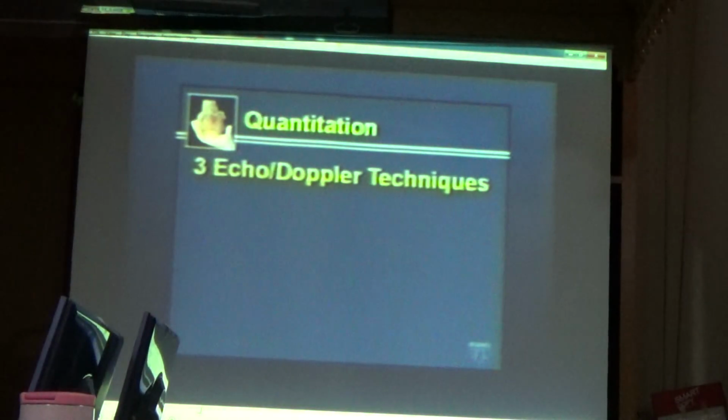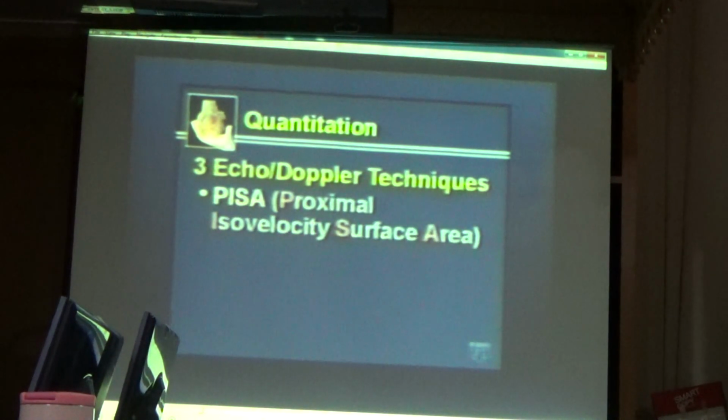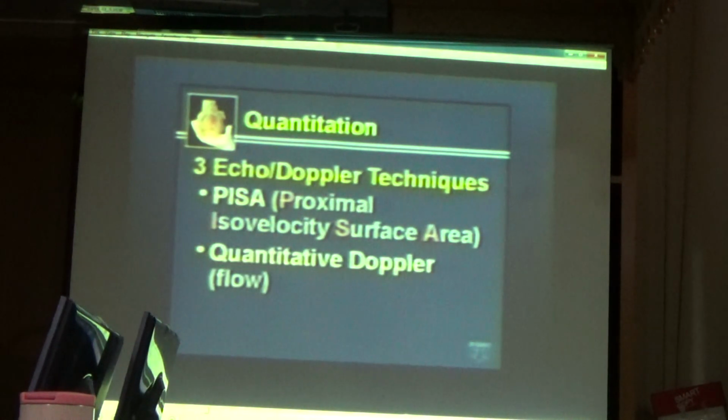Like all other echo Doppler techniques, this is extremely forgiving. There are at least 3 techniques that can be used to quantitate orifice and volume. One is called PISA, very popular term these days, proximal isovelocity surface area. This is a continuity equation. The second is, in fact, quantitative Doppler.